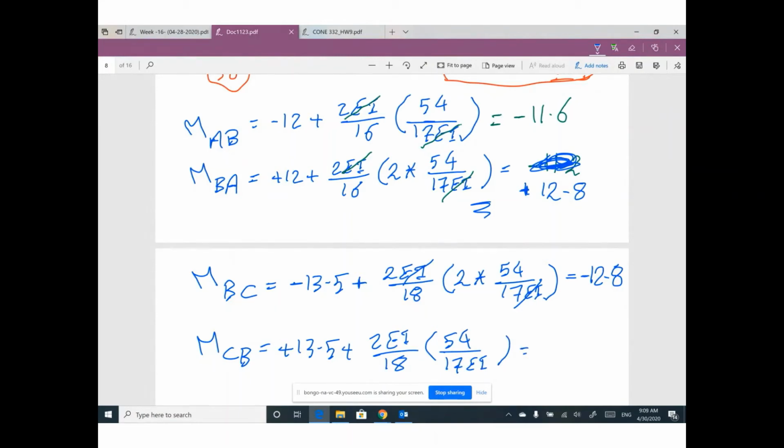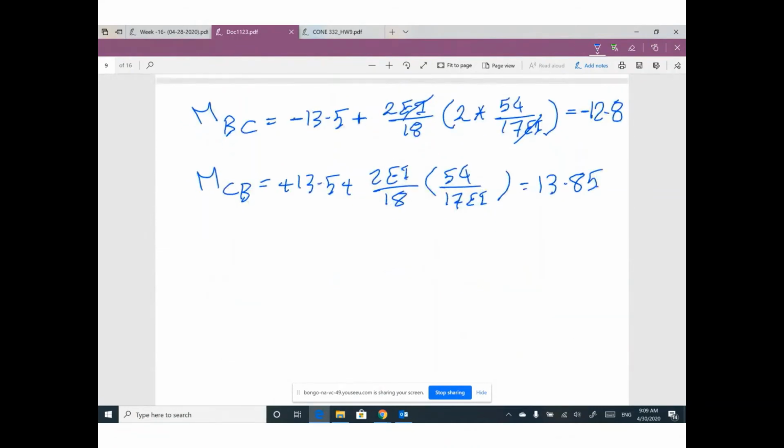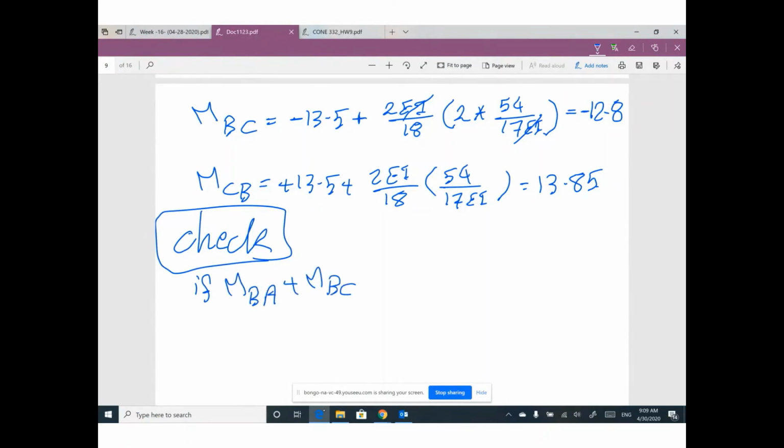2 times 18 plus 13.5, 13.85. Check. MBA plus MBC equals 0, you are right.